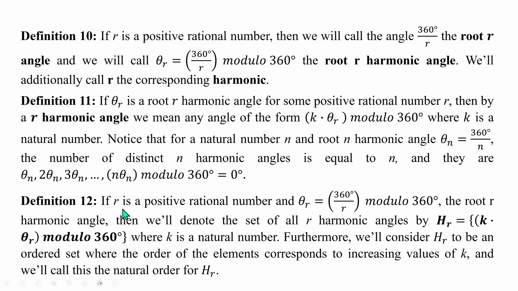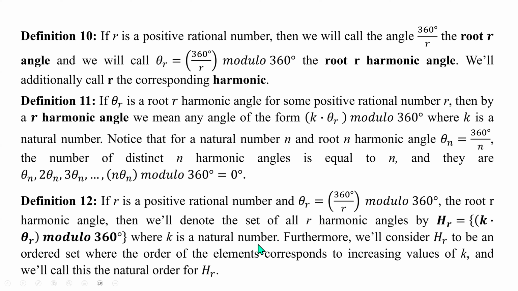Okay, definition 12. If r is a positive rational number and theta sub r is equal to 360 degrees over r modulo 360 degrees, the root r harmonic angle, then we'll denote the set of all r harmonic angles by H sub r equal to k times theta sub r modulo 360 degrees, where k is a natural number.